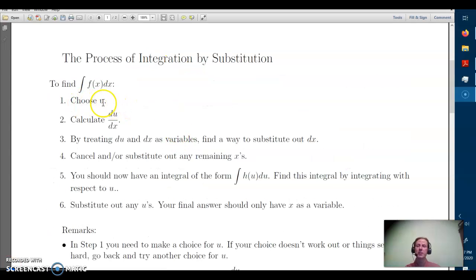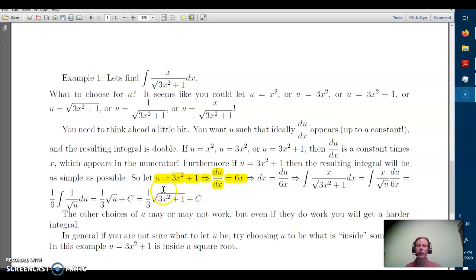Now, after you've done step 1 and chosen u, the next step is to calculate du dx. In this example, we let u equal 3x squared plus 1, and hopefully you all remember how to differentiate that. The derivative of 3x squared plus 1 is just 6x. So that makes our du dx equal to 6x.